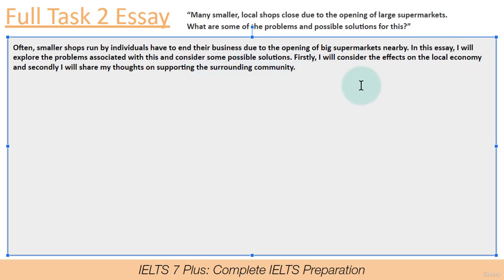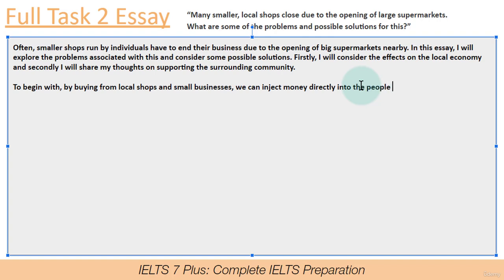Okay, so let's talk about the local economy. To begin with, by buying from local shops and small businesses, we can inject money, nice phrasal verb, directly into the people who live near us.